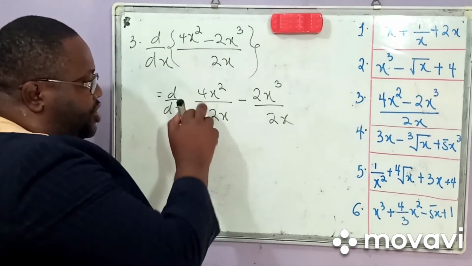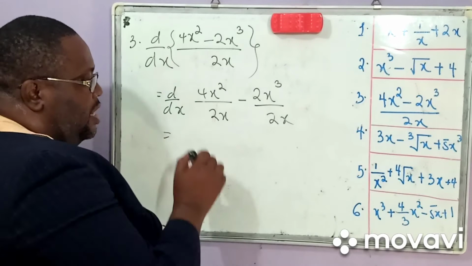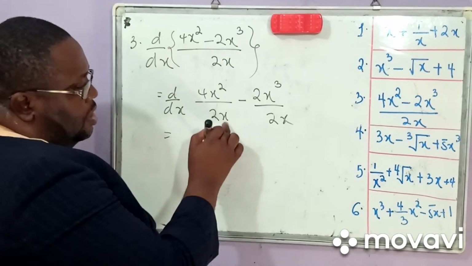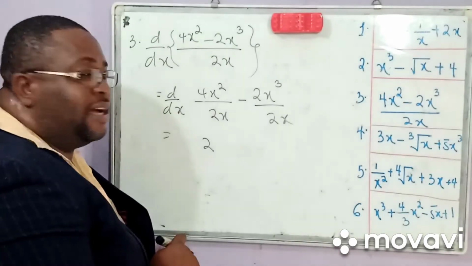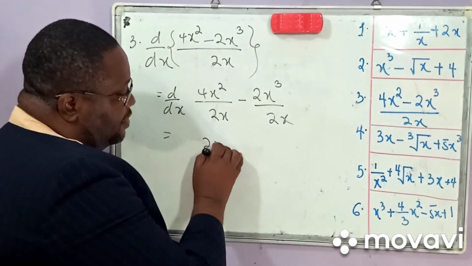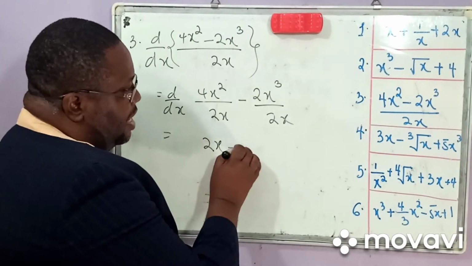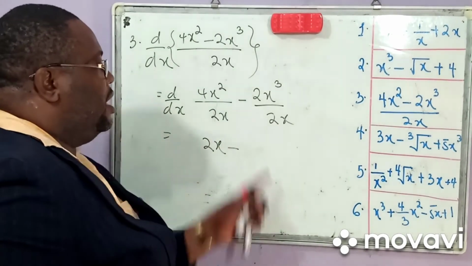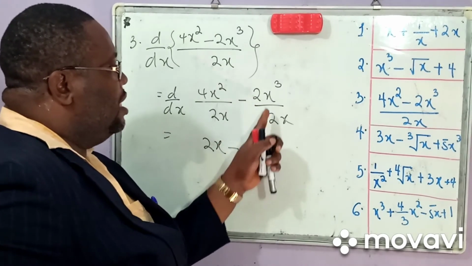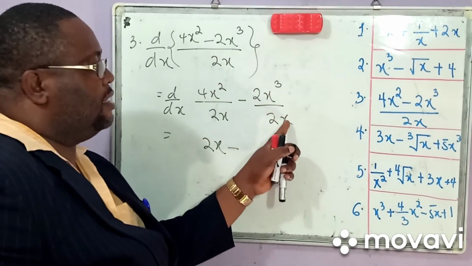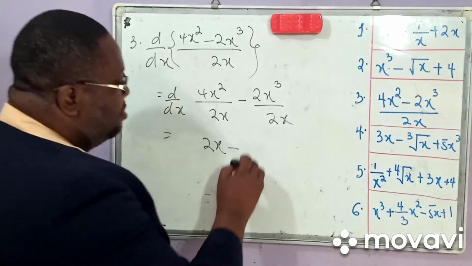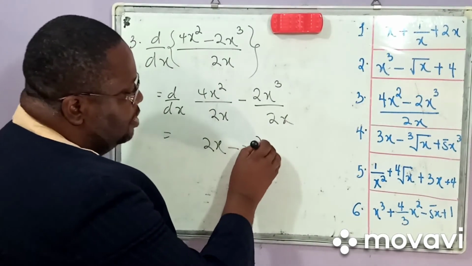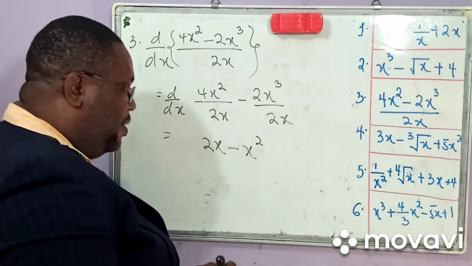Now this 2 cancels this 2, 4 cancels 2 here, so I simply have 2. This x is taken care of by one of the x's there, so this simply gives me 2x minus, what happens here? 2 cancels 2, and then x takes care of 1x here, so I'm simply having x squared.